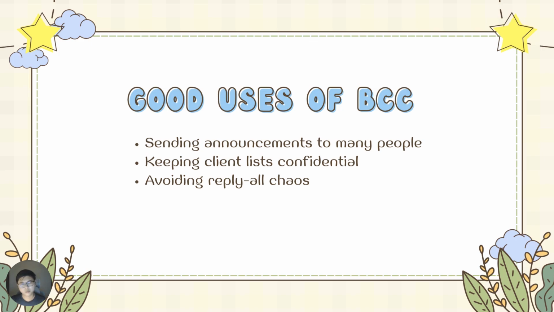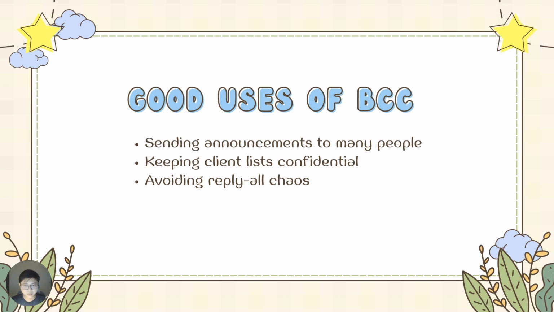The good uses of BCC. A blind carbon copy is useful and even recommended. First, when sending announcements to large groups. That is the first point. When you have to send announcements to a lot of people, you don't want 100 people seeing each other's emails.